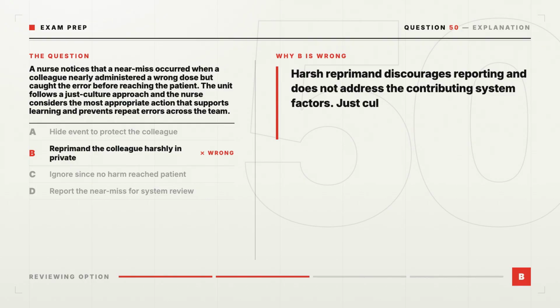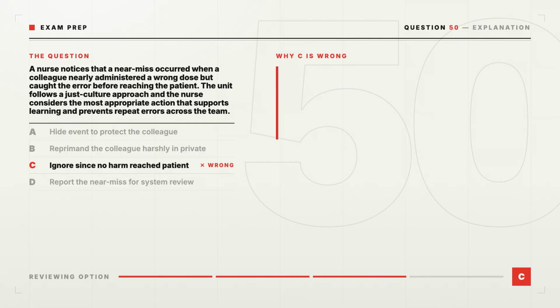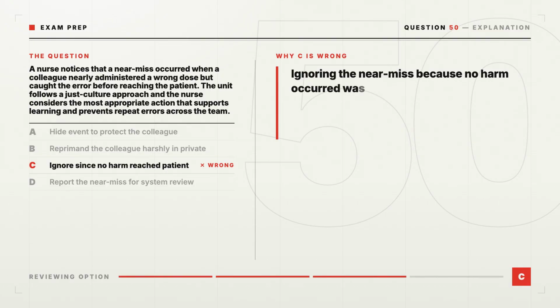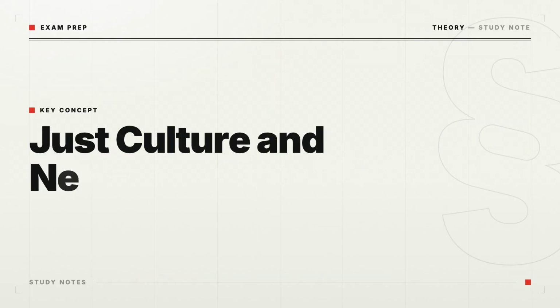Just Culture distinguishes between human error and reckless behavior, and most near misses arise from process problems rather than personal fault. C is wrong because ignoring the near miss because no harm occurred wastes valuable learning that could prevent harm next time. Near miss data is one of the most powerful sources of safety improvements available in healthcare today.